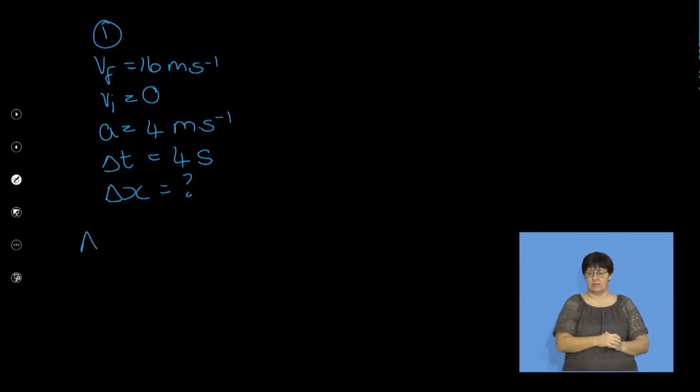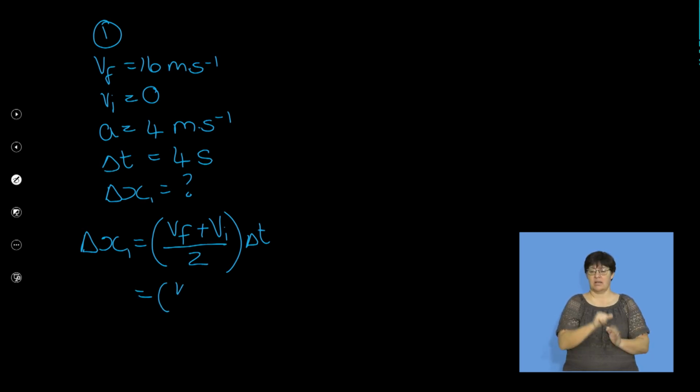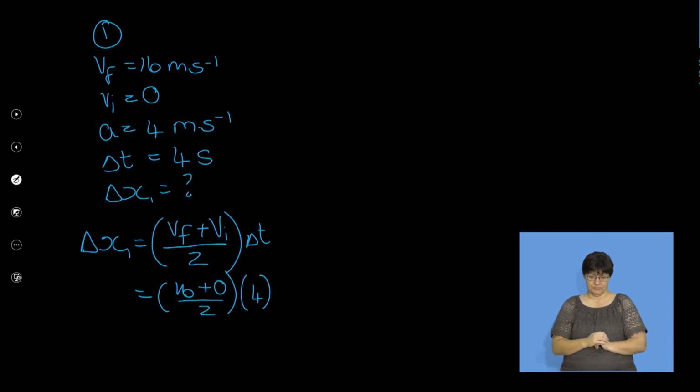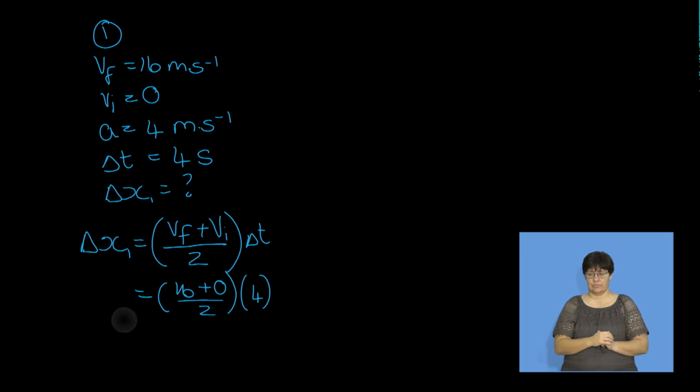What I would do is use this equation, delta x equals Vf plus Vi divided by 2 times delta t. And we're using x1 here. So 16 plus 0 divided by 2 times 4. Okay? So let's do it on the calculator. 16 plus 0 is 16, divided by 2 times 4, and we get 32.